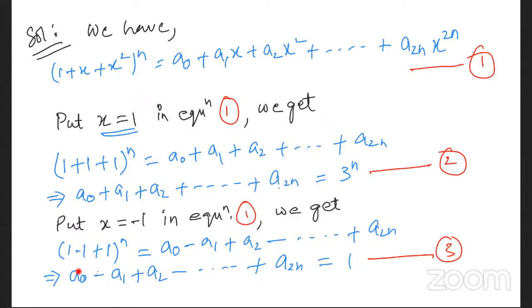A naught plus a naught will be 2a naught, 2a2, and so on. So we shall write the resultant.